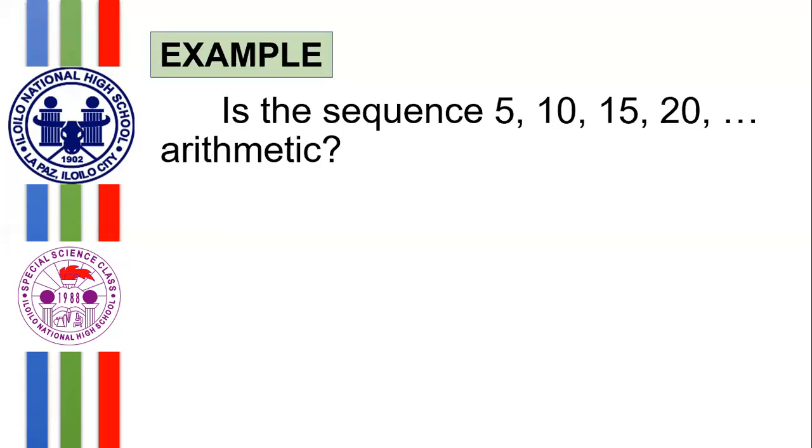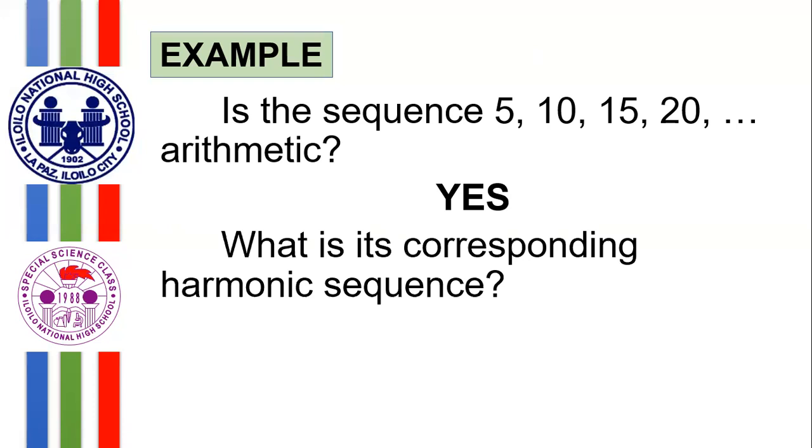Let's have an example. Let's have 5, 10, 15, 20, and so on. Is this sequence arithmetic? The answer is yes. In fact, this is an arithmetic sequence with a common difference of 5. So what is its corresponding harmonic sequence? You take the reciprocal of each term, so you have 1/5.